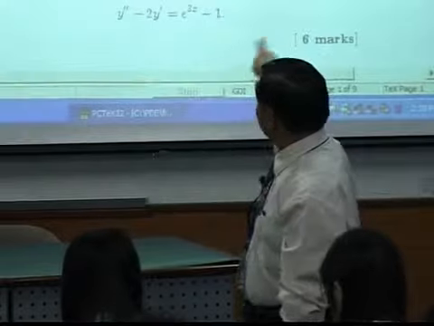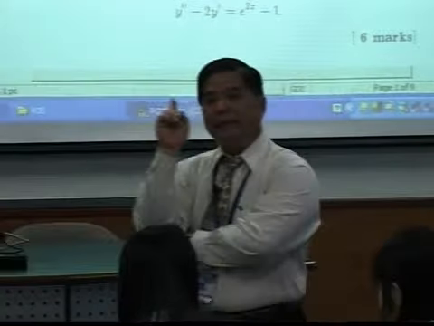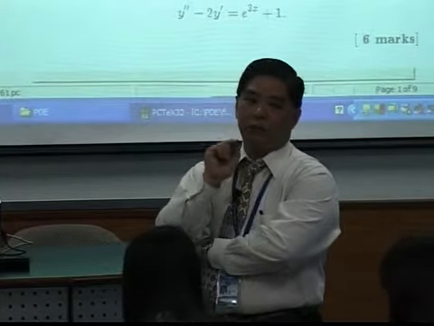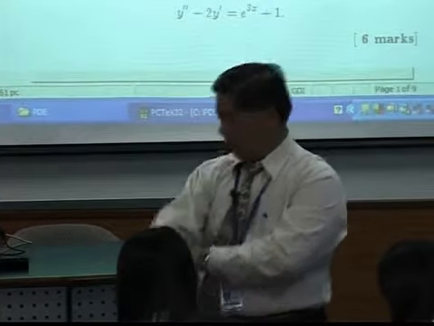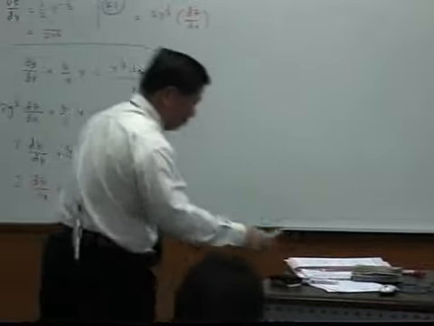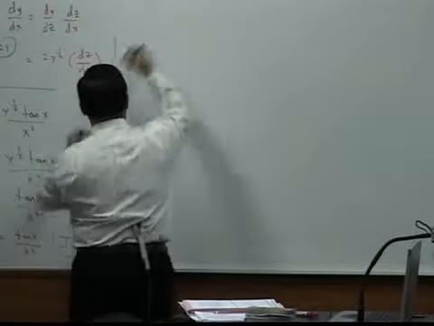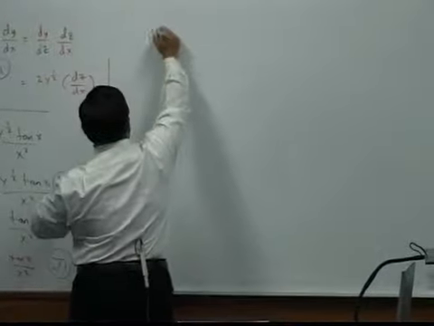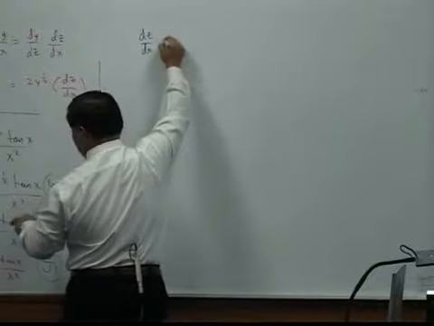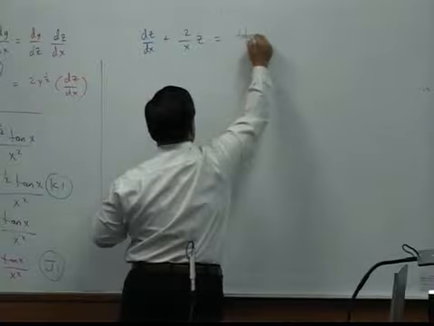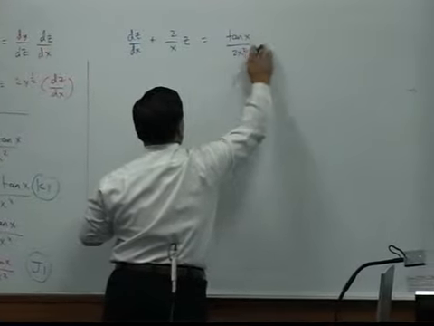So once this is out, you have to recognize that this is a linear ordinary differential equation, first order. So if that is the case, then what is our framework? Meaning we are talking about dz dx plus 2 over xz equals tangent x over 2x squared.